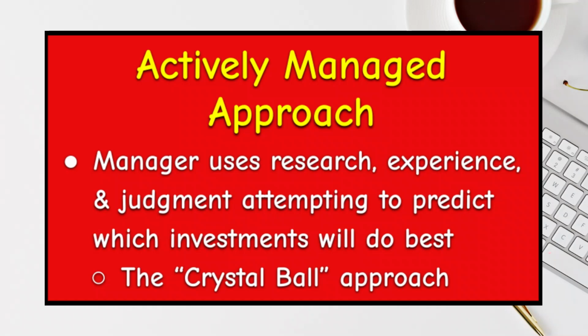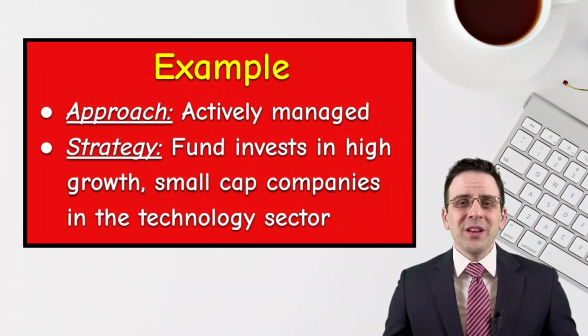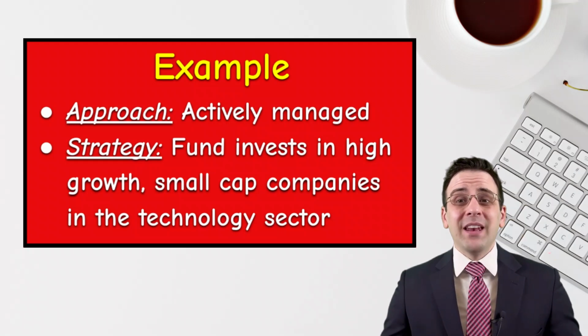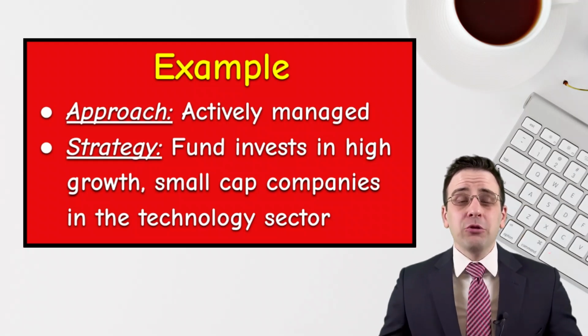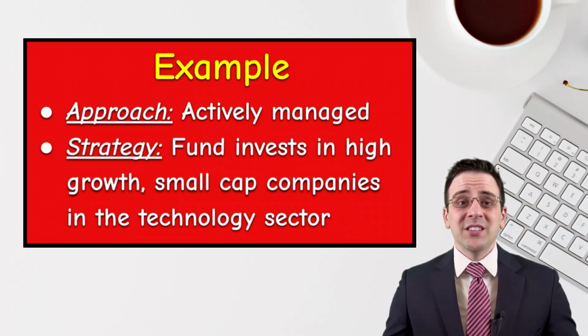We call this the crystal ball approach. The manager is literally attempting to see into the future and buy the investments that will bring the highest returns within the particular strategy that the manager has chosen to pursue. For instance, let's say a fund manager uses an actively managed approach and their strategy is to buy high growth small cap companies in the technology sector.